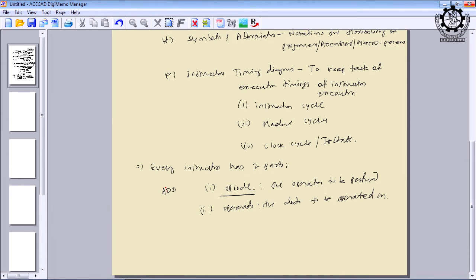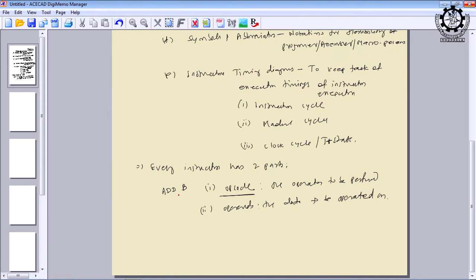I only have to specify one register. I cannot use an 8-bit data, or I cannot directly use any memory location address. The only part that I have to mention in the operand section is a register, that too an 8-bit register. That is what we call the syntax, right.